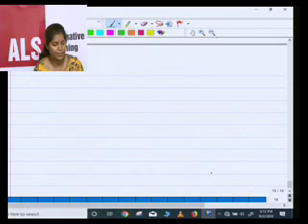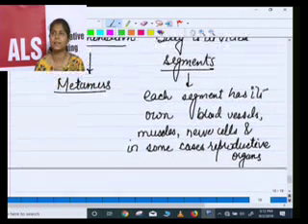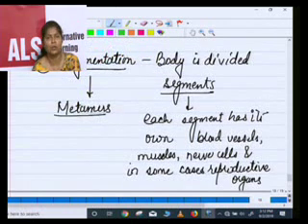Each segment. So this is said to be segmentation.